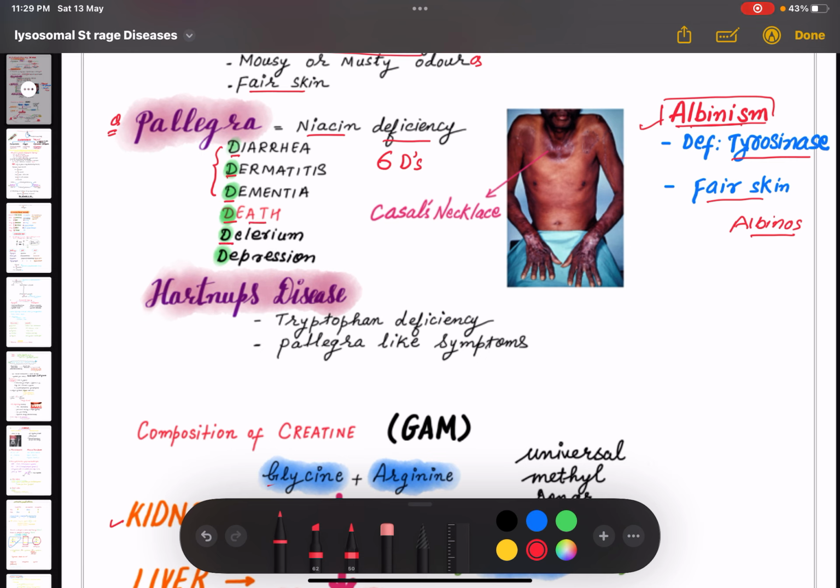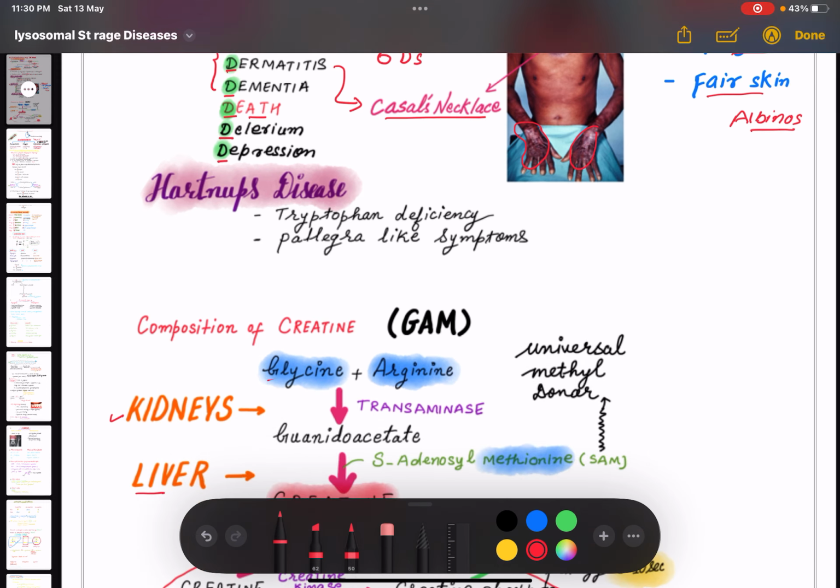And the fifth D is delirium, and the sixth D is depression. This dermatitis is in the fashion of Casal's necklace. You can see here over the neck it is in the fashion of a necklace, which is known as Casal's necklace. You can also see the dermatitis over the dorsum of the hand.